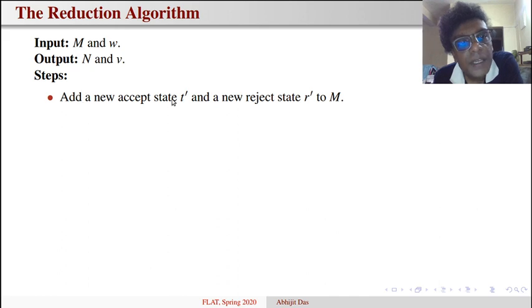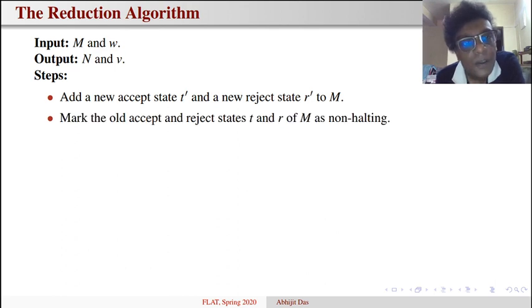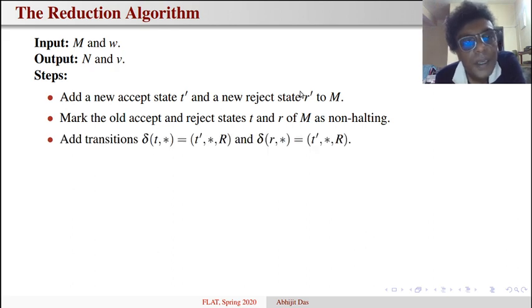So these changes are now like this. It adds a new accept state T prime and a new reject state R prime to this M. Of course, this M also had some accept state T and some reject state R. So these are now marked as ordinary states, that is non-halting states, neither accepting nor rejecting. And then what this reduction algorithm does, it adds a transition.